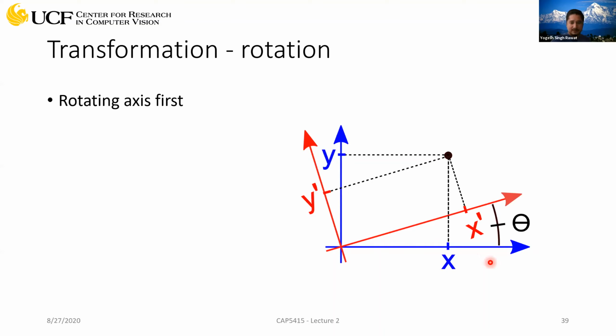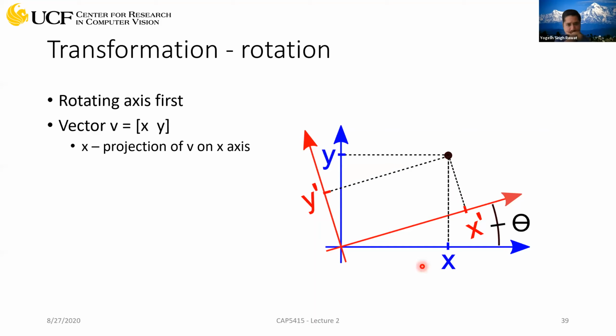So this x-axis becomes x prime, and this y-axis becomes y prime. And this is some point. We'll come back to this. Okay, so this is the point V, x, y.